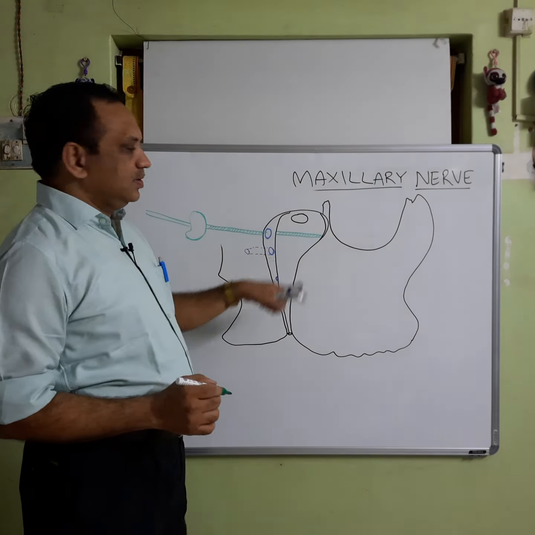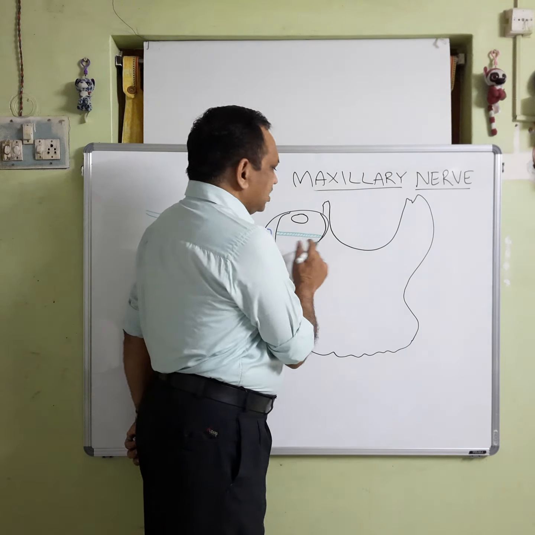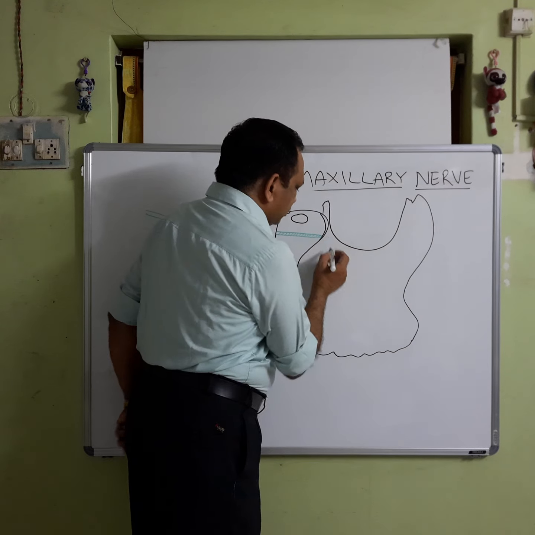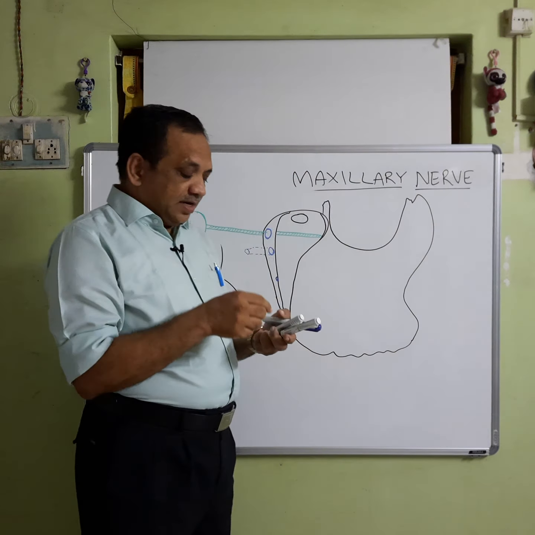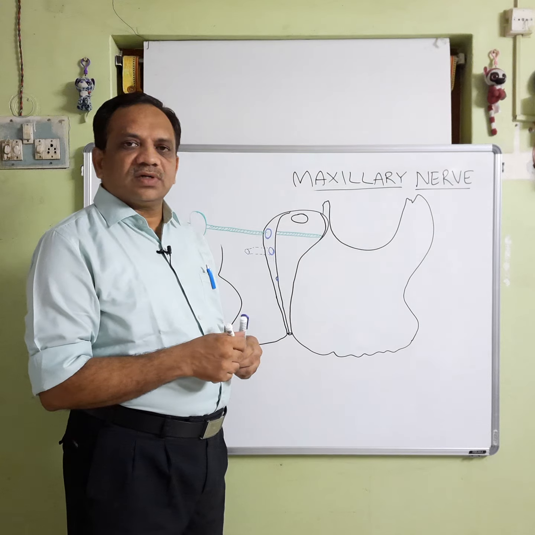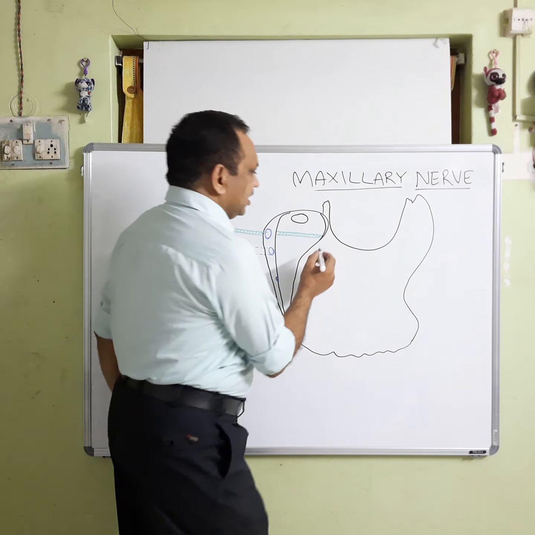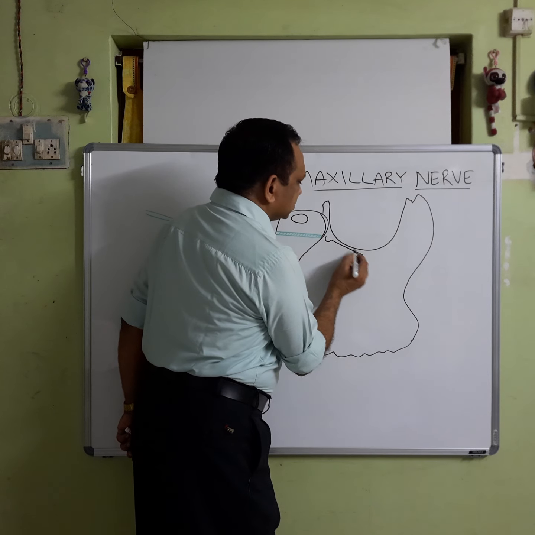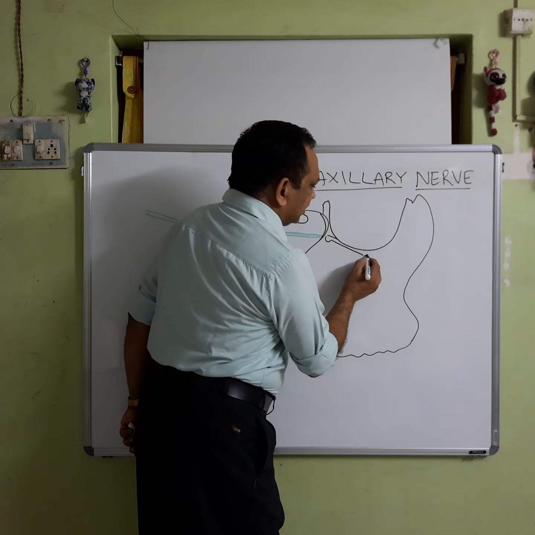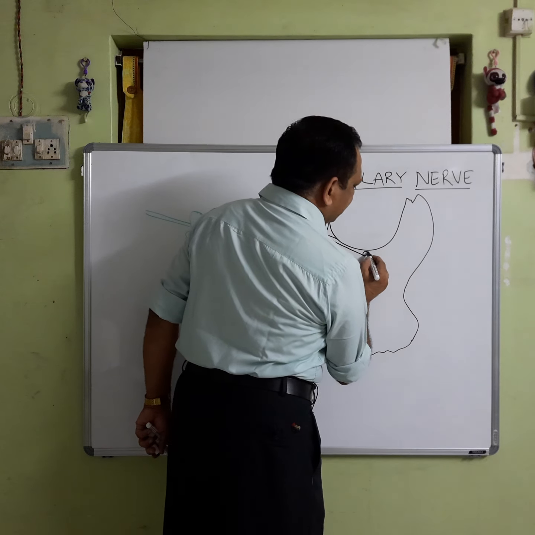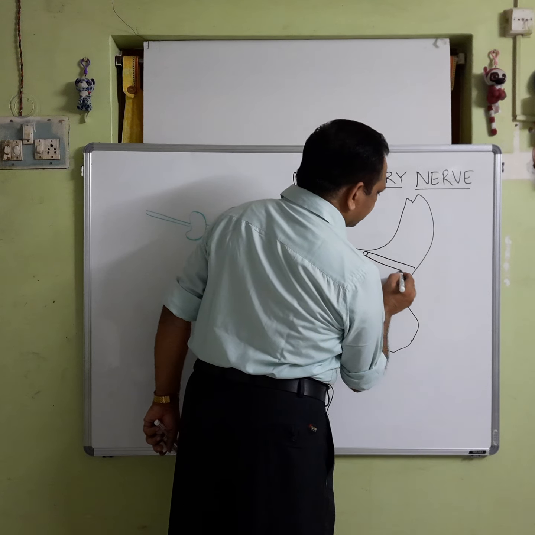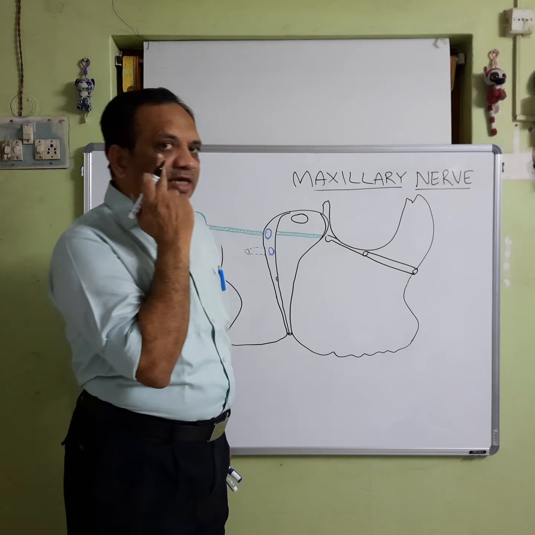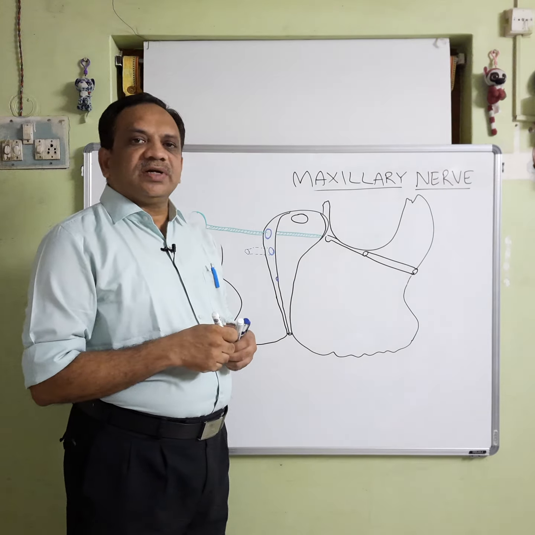This maxillary nerve leaves the pterygopalatine fossa through the inferior orbital fissure, and through a groove here. The floor of the orbit will have a groove called the infraorbital groove, and then it opens into a canal called the infraorbital canal, which opens out onto the cheek as the infraorbital foramen.